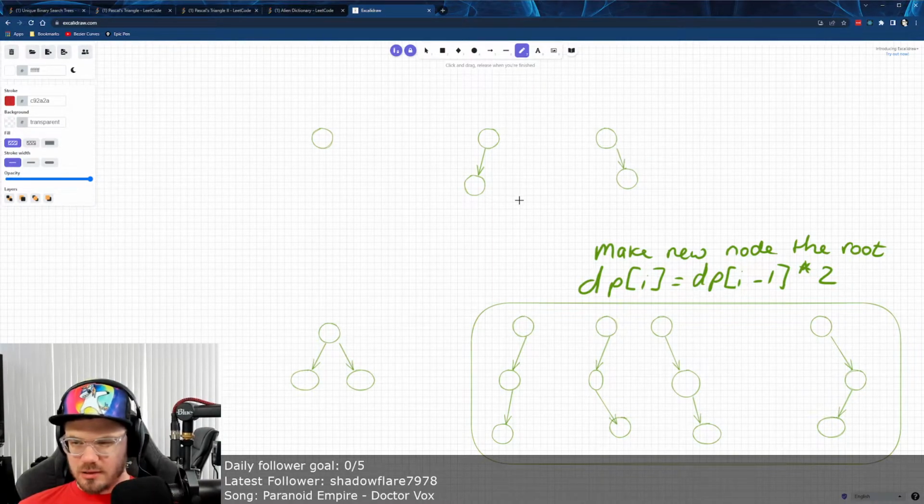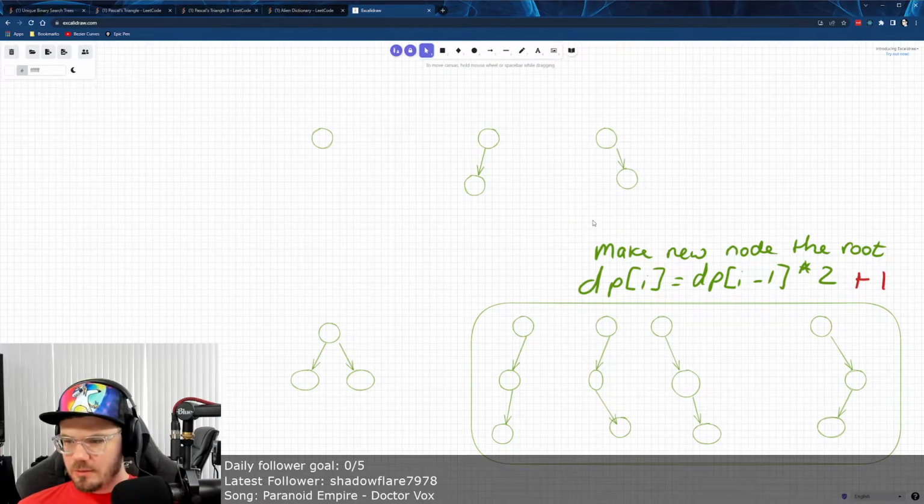I feel like this is not the right way to think about it. Wait, is it? It's not just this though, right? There's no way it's just +1 right there.